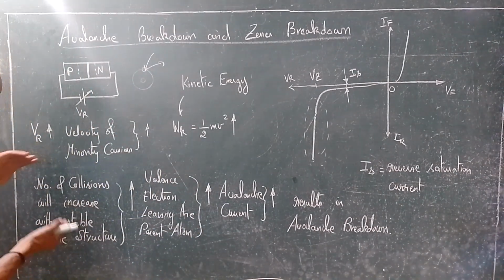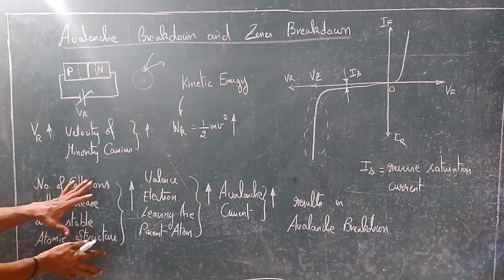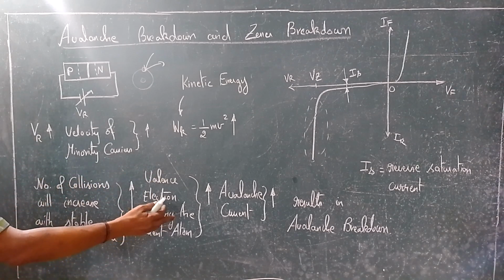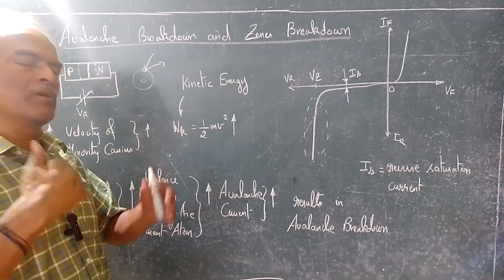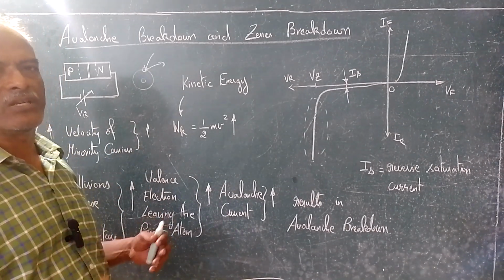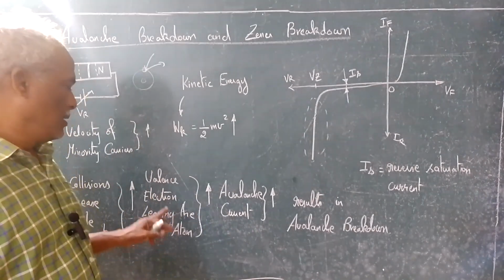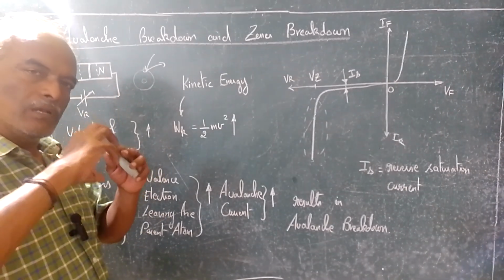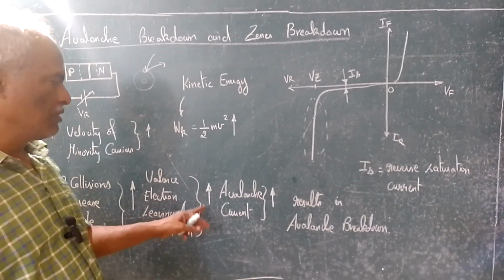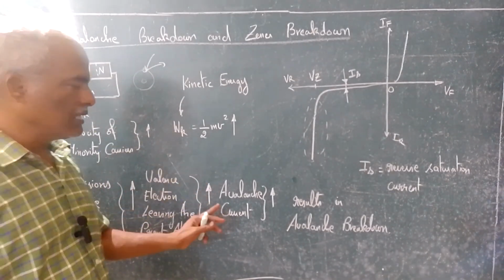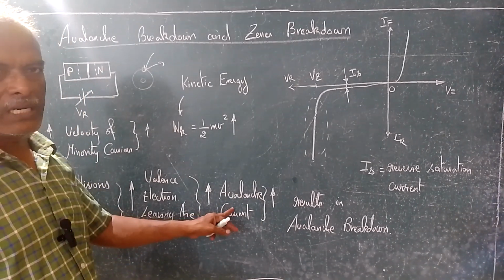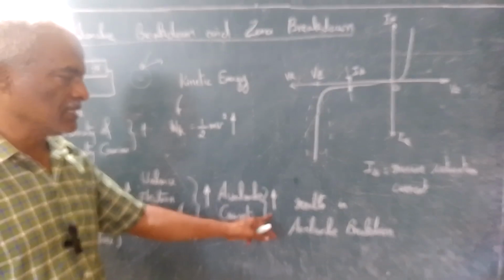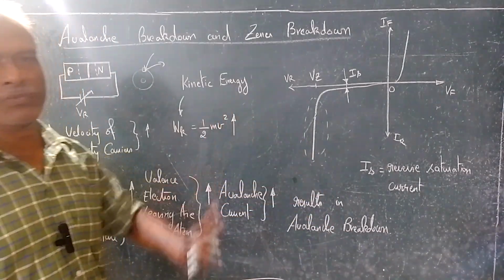Since the number of collisions with the stable atomic structure will increase, valence electrons leaving the parent atom also will increase, because more minority carriers are released. If that increases, then the avalanche current will increase, which results in the avalanche breakdown.